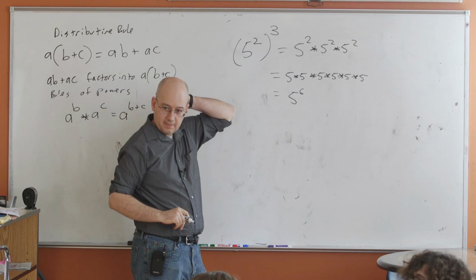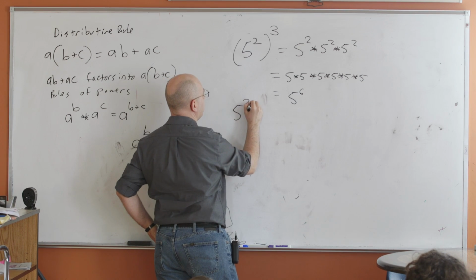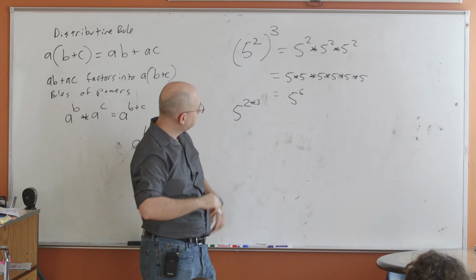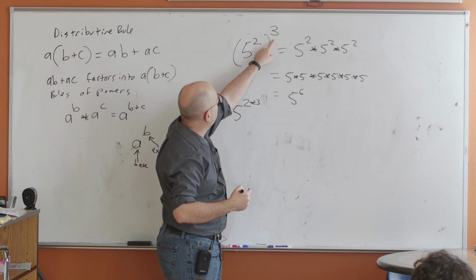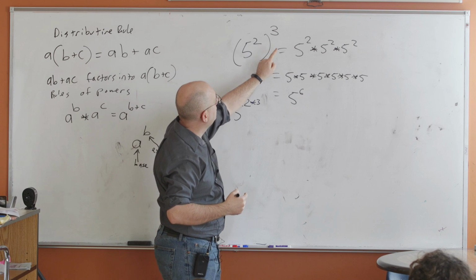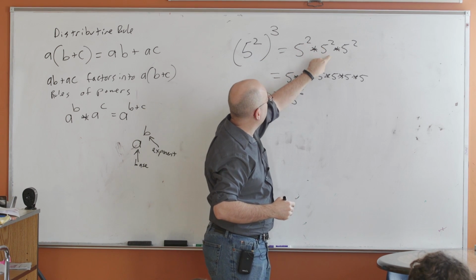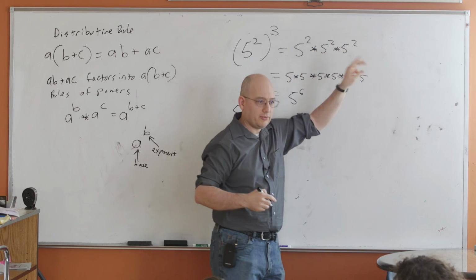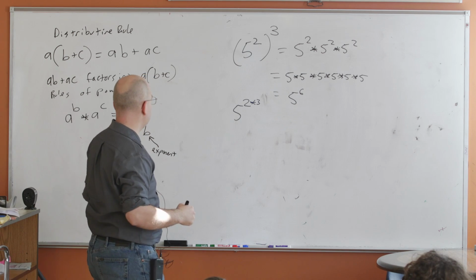Remember? Yep. 2 times 3. Basically, it's because when you're raising this thing to the 3rd power, you're having 3 copies of this, and so you're adding 2 to itself 3 times, and that's multiplication. So that's 2 times 3.